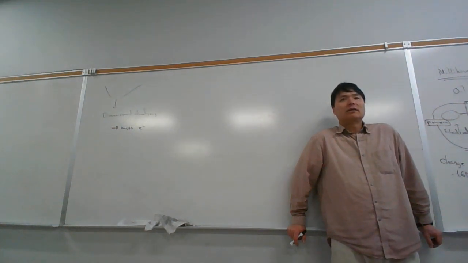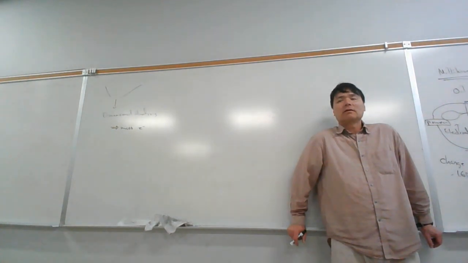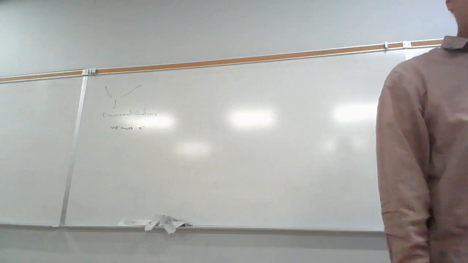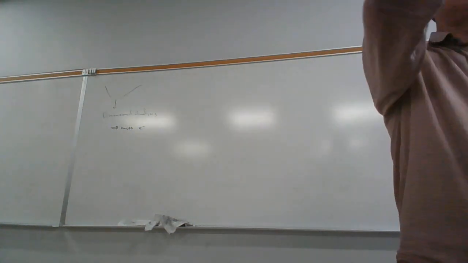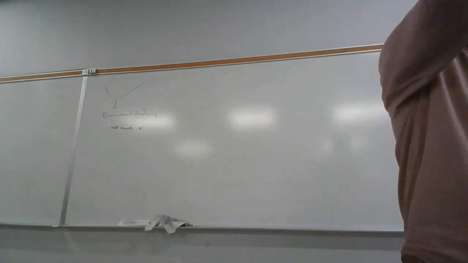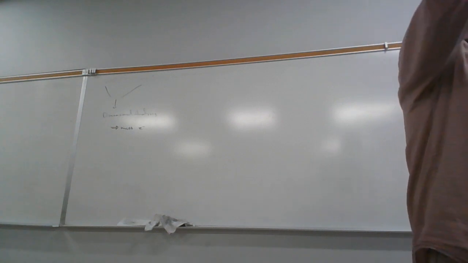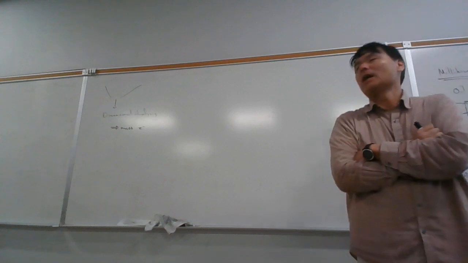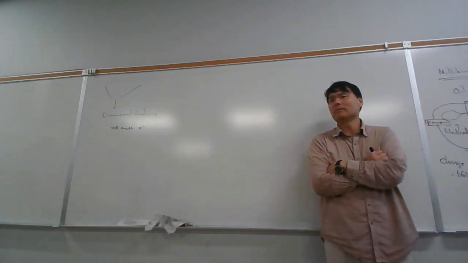The neutron, though, is a bit more tricky because the neutron, is it going to be deflected by magnetic fields? If you have a beam of neutrons, will a beam of neutrons be deflected by a magnet? No. It has to be a charged particle in order to be deflected by a magnet.